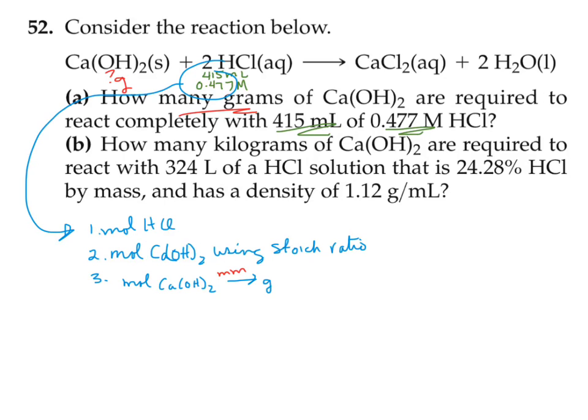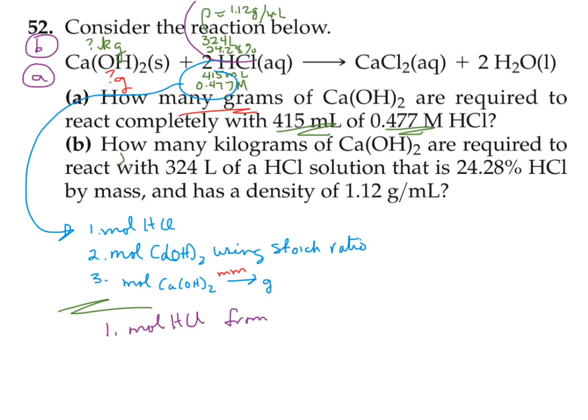For the next one, I called it B, and up there in green is the information we know about the second problem. This one's a little different because it makes you do a few more steps to get the moles of HCl. If you read it a few times, notice that to get to moles of HCl, you're going to have to use the volume of HCl, the weight percent of HCl, and the density of the solution.